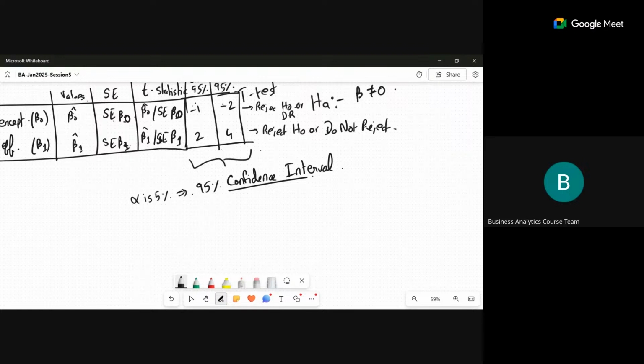They are your confidence interval for the intercept and for your coefficient. And the H0 is that beta is equal to 0. What will you do?